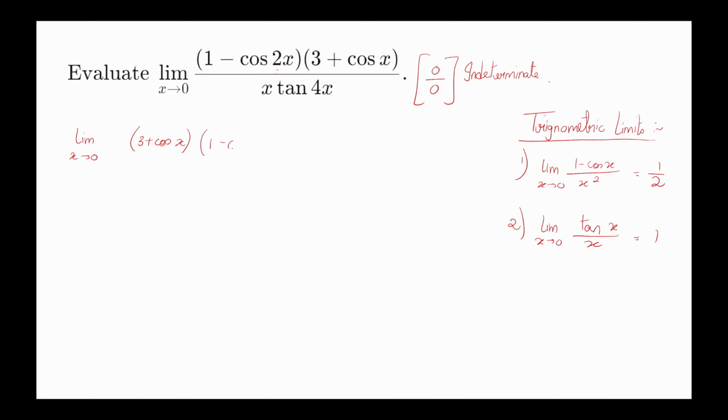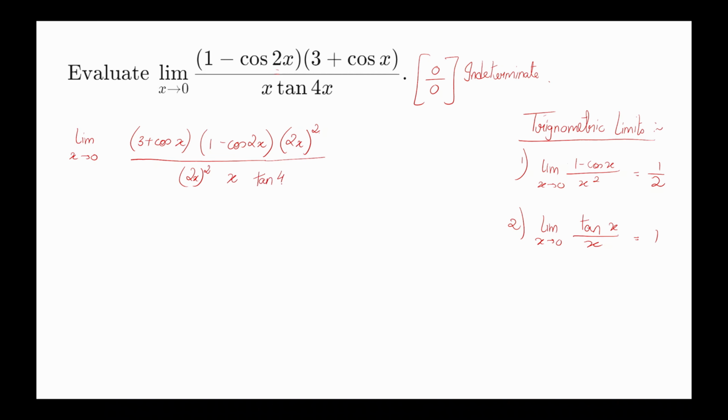Apart from that, I have 1 minus cos 2x here. So what am I going to do? I'm going to divide this function by 2x whole square and multiply it as well by 2x whole square. So now you can see that 1 minus cos 2x has been formed upon 2x whole square. So this would simply become half. Below, what else we have? x. I'm going to leave it as it is.